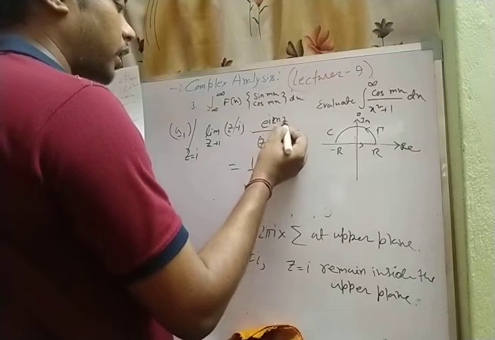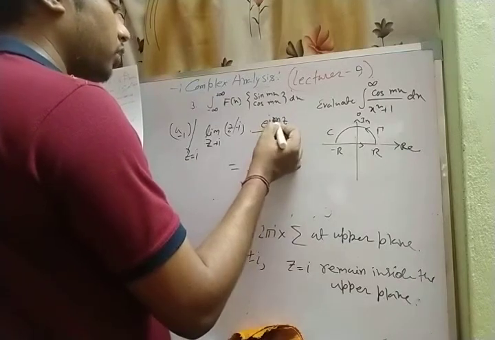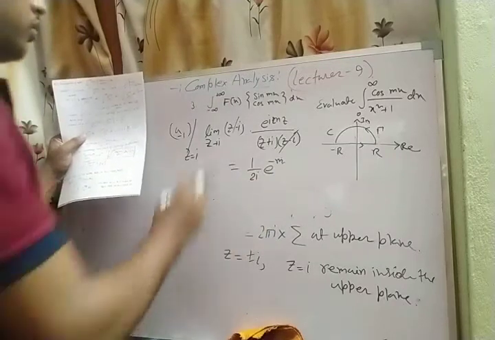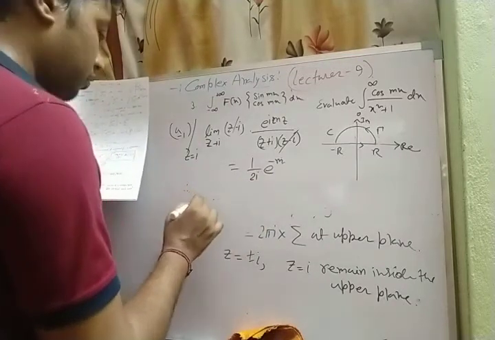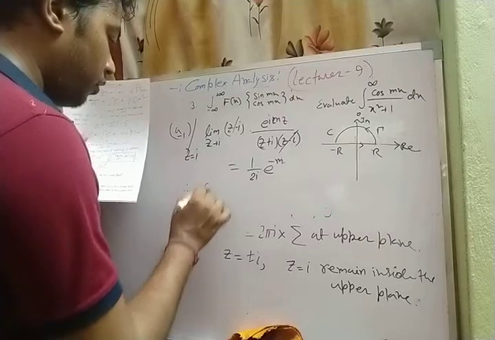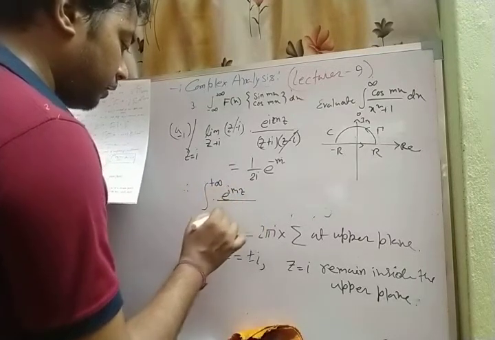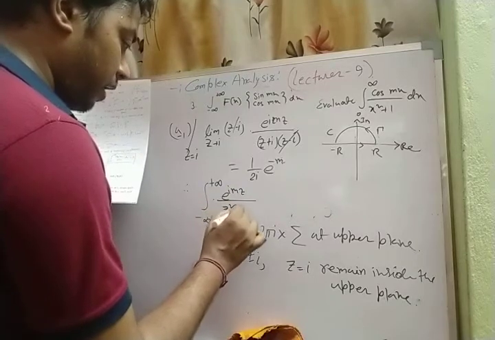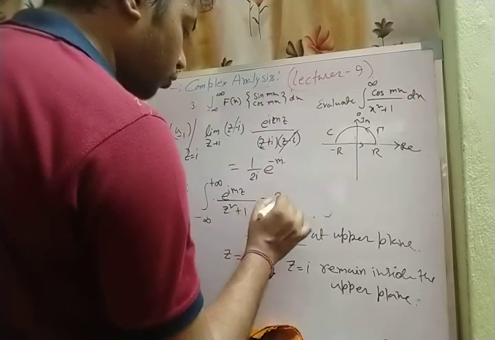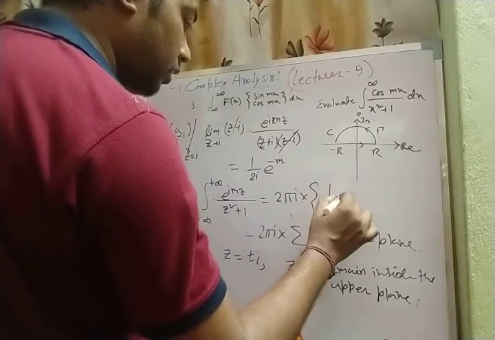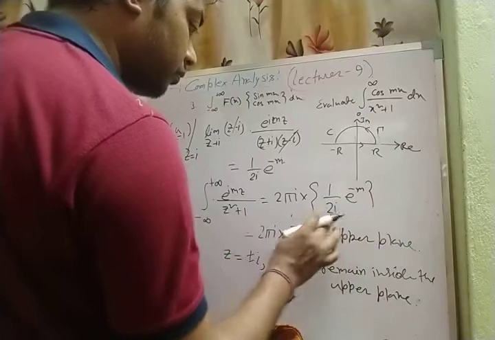Here i is there and one i is for z, so it is minus m. Therefore the integration from minus infinity to plus infinity of e to the power i mz by z square plus 1 equals 2 pi i into 1 by 2i e to the power minus m.